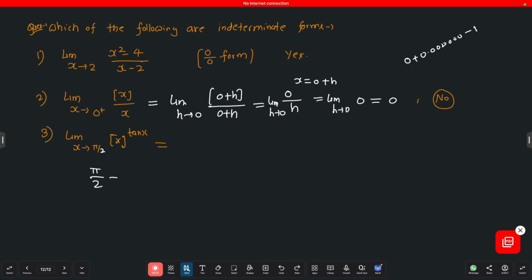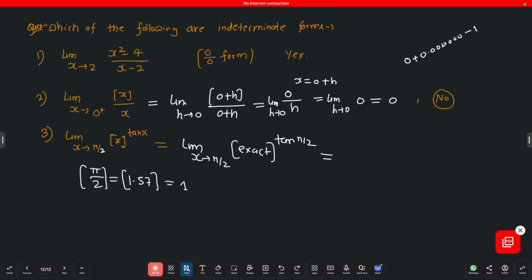Pi by 2, how much value in decimal? Pi is 3.14, 3.14 upon 2 is approximately 1.57. What is the greatest integer of 1.57? 1. Exact 1 actually. So when you put the limit x tending to pi by 2, it will be exact 1.